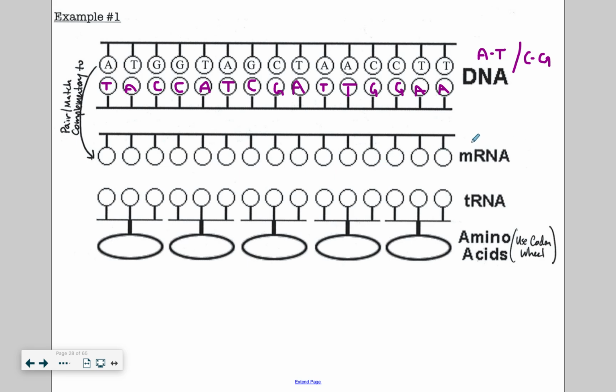Okay, in mRNA, A pairs with U, there's no T, but C and G remain the same.